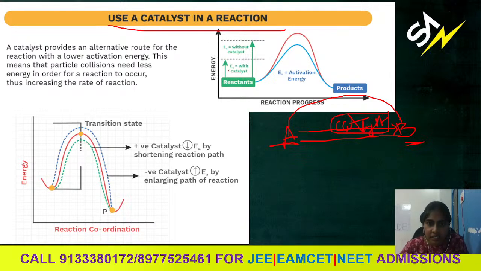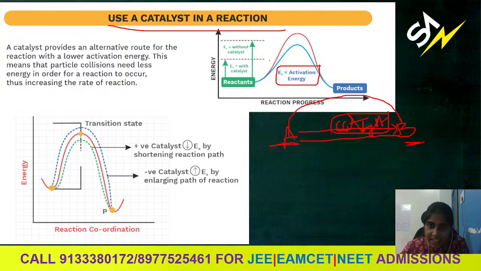Let's see here, if we take a graph between the energy and reaction process, this EA is known as activation energy, the energy required for the reactants to become the products. The energy required is called activation energy. This red line denotes without catalyst.